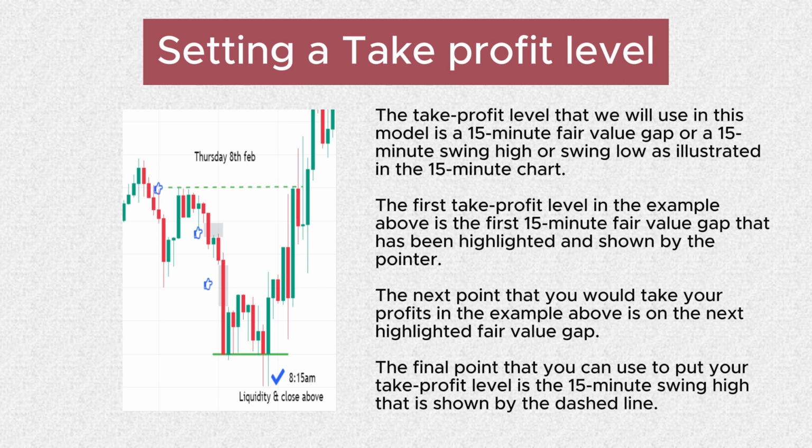The next point that you will take your profits in the example above is on the next highlighted fair value gap that's also shown by a pointer. The final point that you can use to take your profits is the 15-minute swing high that is shown by the green dashed line in this example.